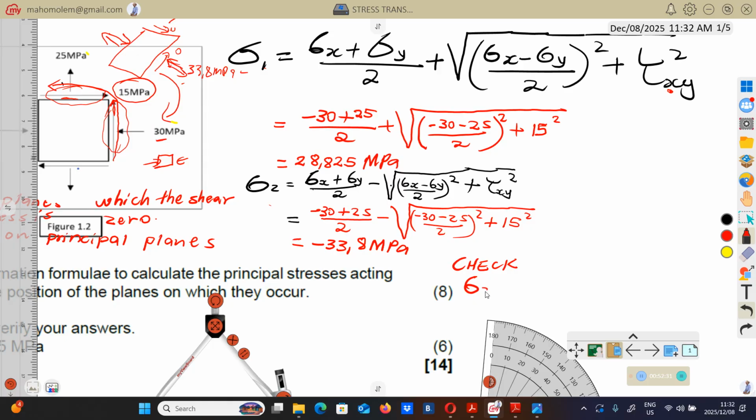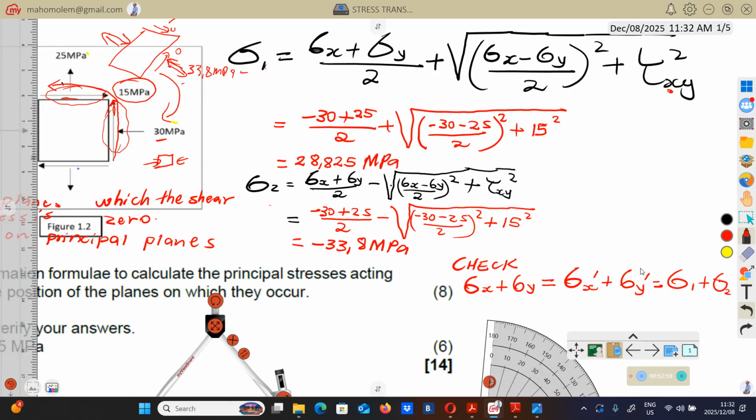The normal stress on the x-face before rotating the element plus the normal stress on the y-face should be equal to the normal stress after rotating the element on the x-face plus the normal stress after rotating the element on the y-face, and the principal stresses should be equal as well.